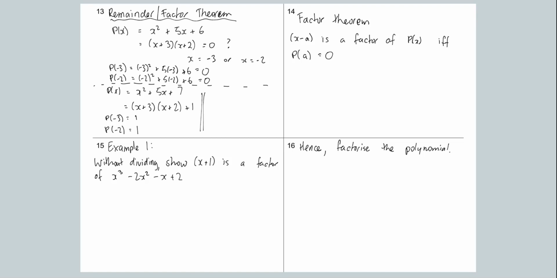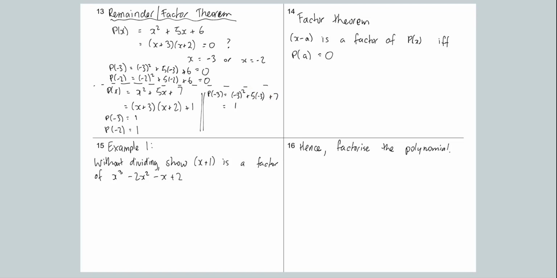Similarly, if I take the original, I'll get p of minus 3 is equal to minus 3 squared plus 5 times minus 3 plus 7. And that is equal to minus 3 squared is positive 9, 5 times minus 3 is negative 15, so that leaves me with negative 6. Negative 6 plus 7 is equal to 1.